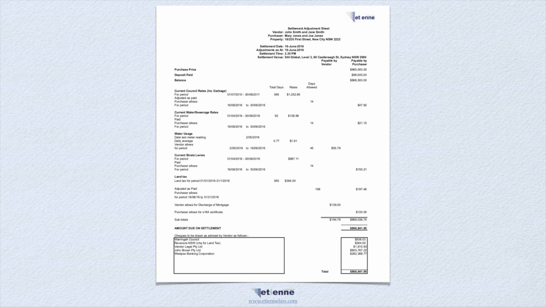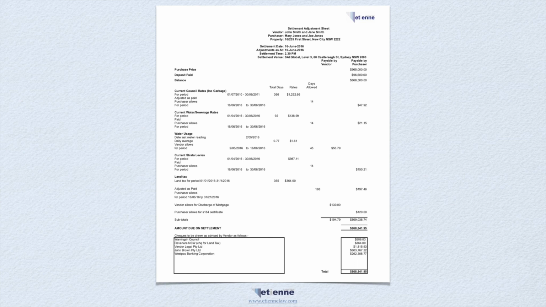In this case, there are council rates and land tax that have to be paid, so these cheques are drawn first. As you can see from the example, the vendor directs that their money is to be paid to Vendor Legal Proprietary Limited, presumably in payment of the vendor's legal fees, John Brown Proprietary Limited, and Westpac Banking Corporation.